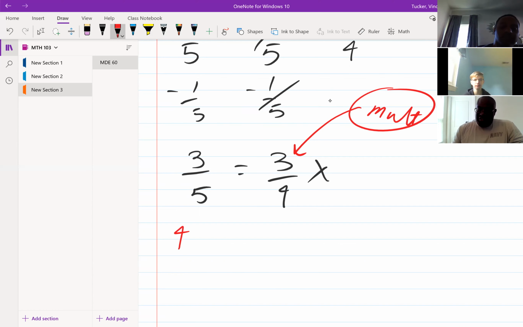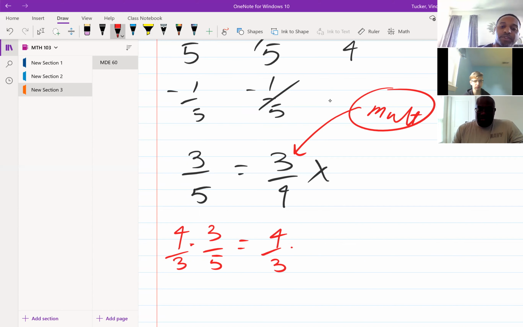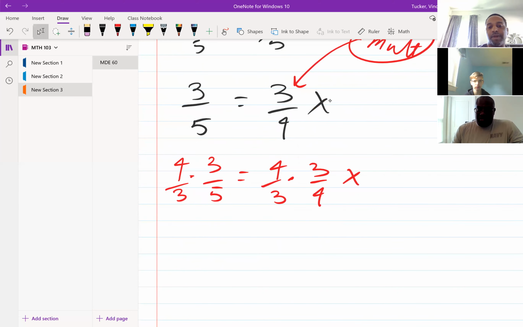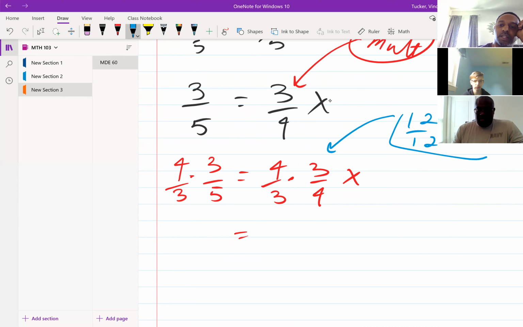Thank you. I'm a little rusty. No, you're fine. So you're multiplying both sides by 4/3. So 4/3 over 4/3, just in case anybody needs to see the math on it. Let me do it like this. That's 12 over 12, which is 1. So that's why that cancels out.